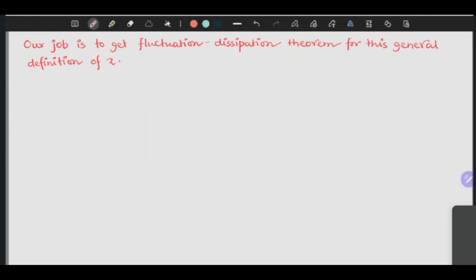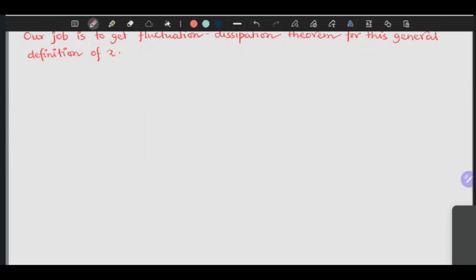Now, what is the relevance of this theorem? So, for that, we are explaining the theorem for the systems of Brownian particles.